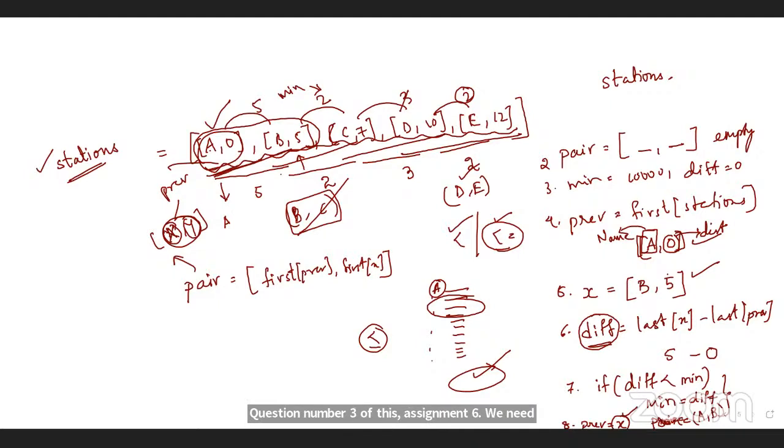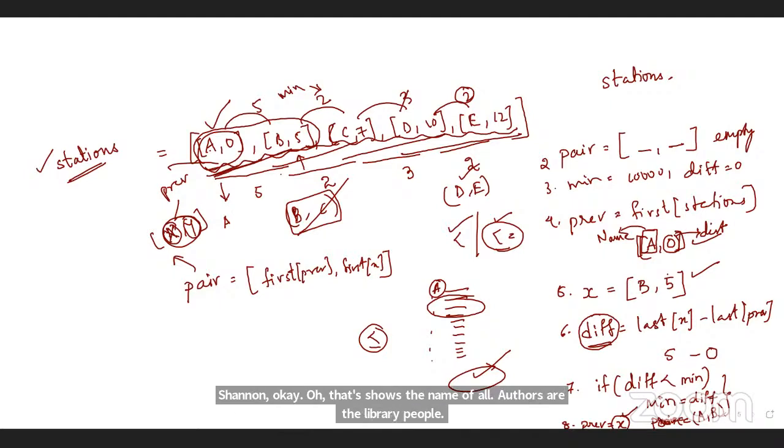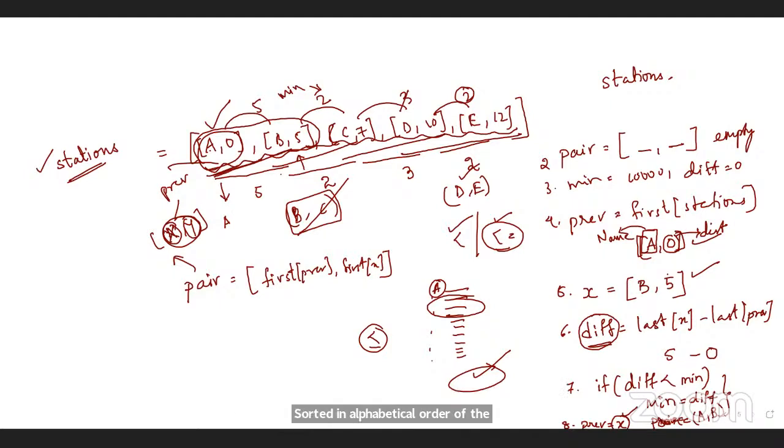Okay. We have a non-empty list called author list that stores the name of all authors in the library table sorted in alphabetical order of the author names. What is this doing?